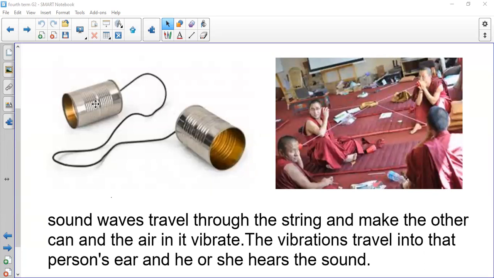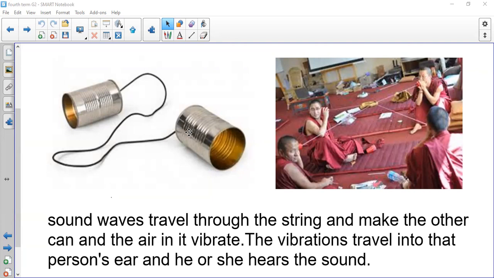Again, how can sound travel through solids? We said that we can get two cans, like the ones that you can see in front of you here. One of them you are using for talking, and the other one you can use for listening.